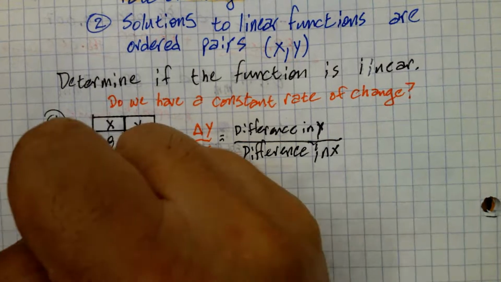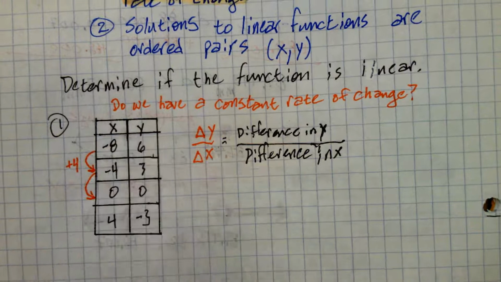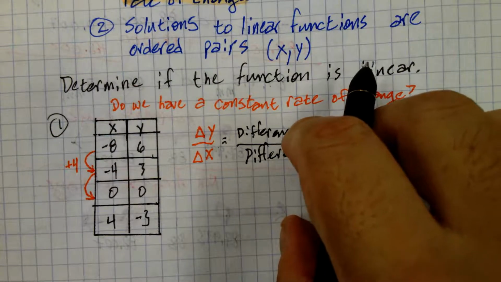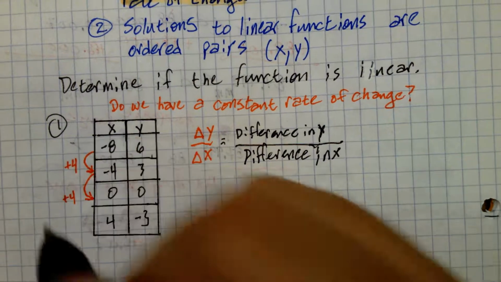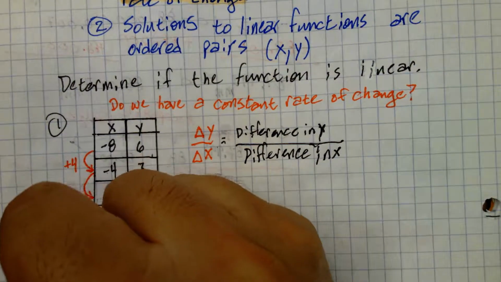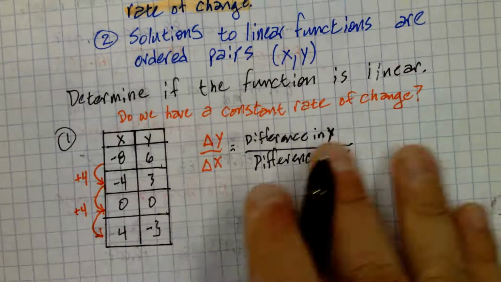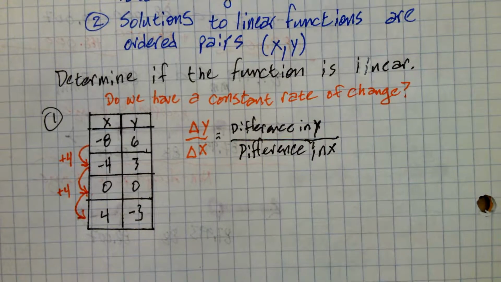Okay. Let's try again. -4 to 0. How about there? Okay, this is looking promising. And then 0 to 4. What's that? 4 again?